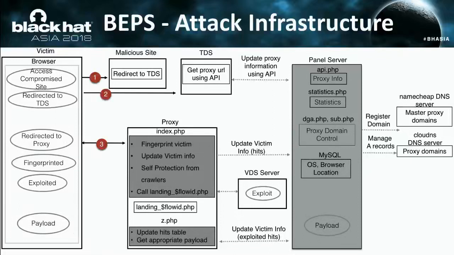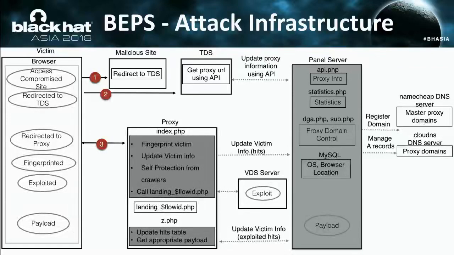They also use a cloud DNS, because in order to control these domains, they have the authoritative name server. The authoritative name server is a cloud DNS service, so they use DNS servers for controlling or changing their proxy server domains. So this is the main difference of the Beeps exploit kit, and the rest of the attack flow is almost the same.